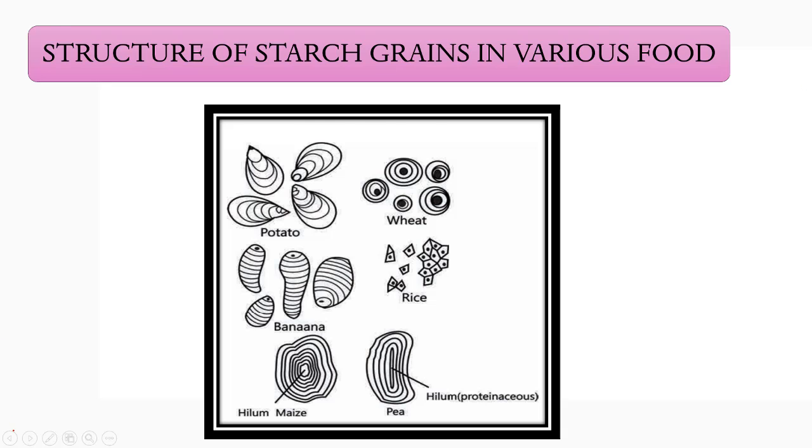Now, starch. These are the different starch grains you can see. Starch is a polysaccharide, which means it is a polymer. Understood?